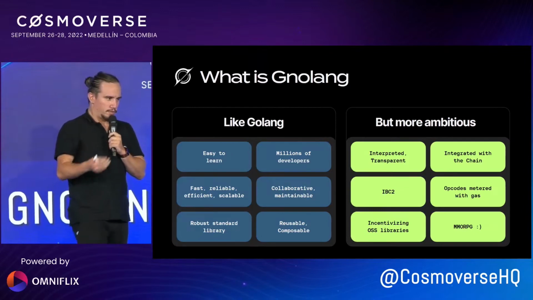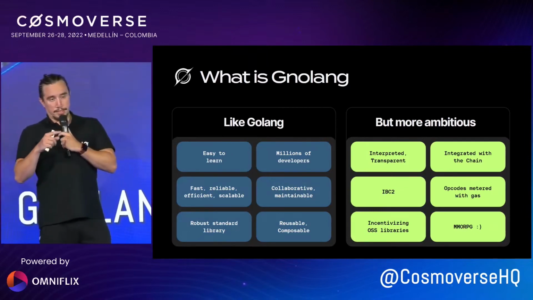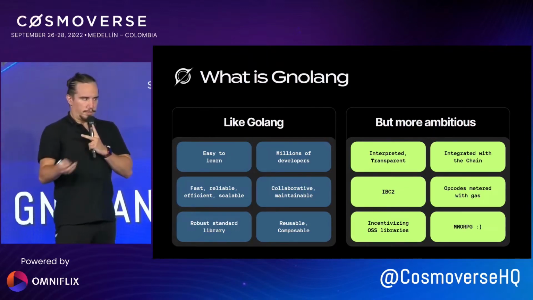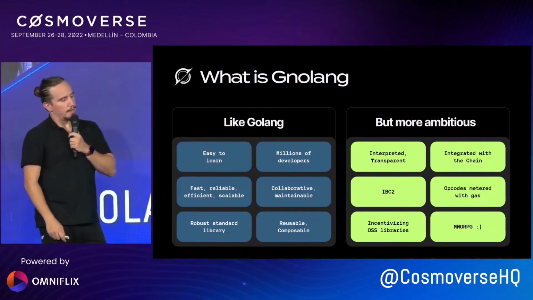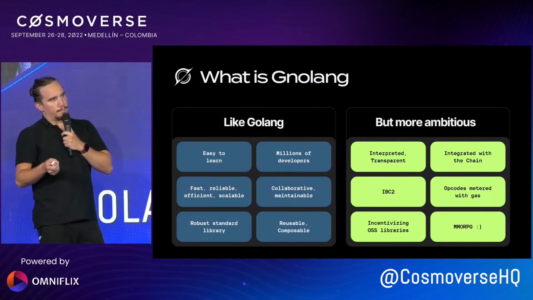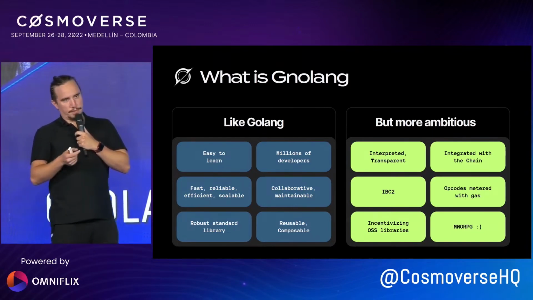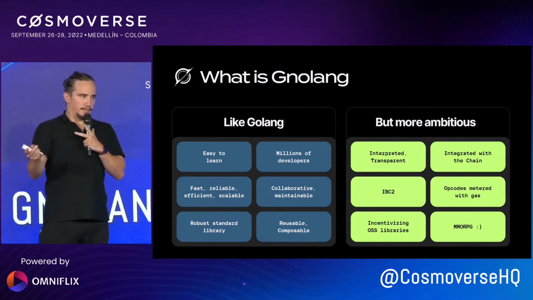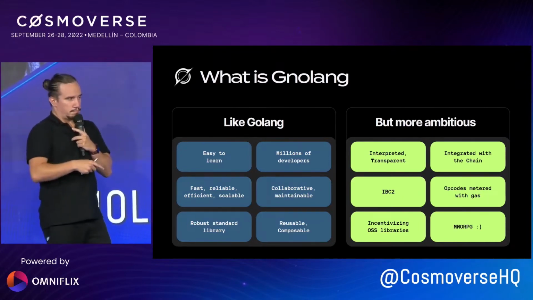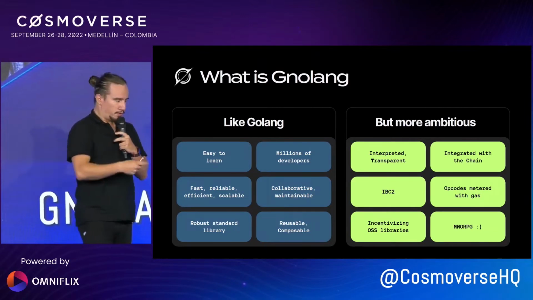It has access to a lot of features from the chain. It has access to other contracts very cheaply, fastly, and efficiently. It's designed like IBC, as an internet of not chains but contracts. And we want to extend this approach to multi-chains with an evolution of IBC, so what we call IBC2.